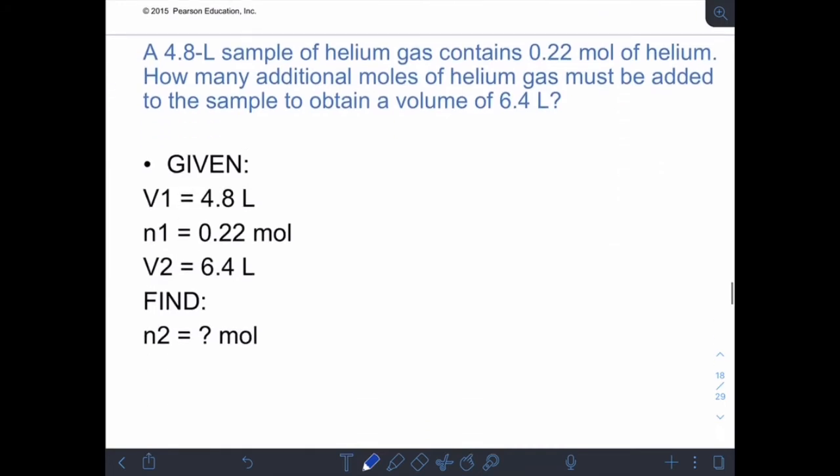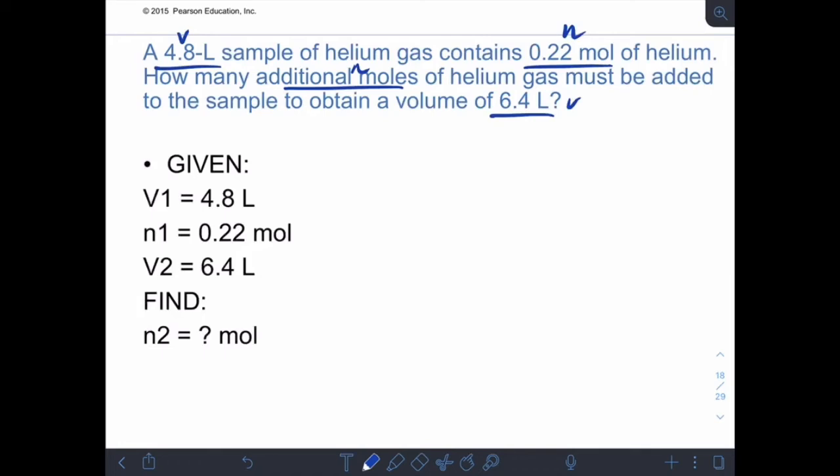So let's take a look at an example of Avogadro's law. A 4.8 liter sample, so there's a volume, contains 0.22 moles. N is moles, if I didn't explain that. How many additional moles of helium gas must be added to the sample to obtain a volume of 6.4 liters?